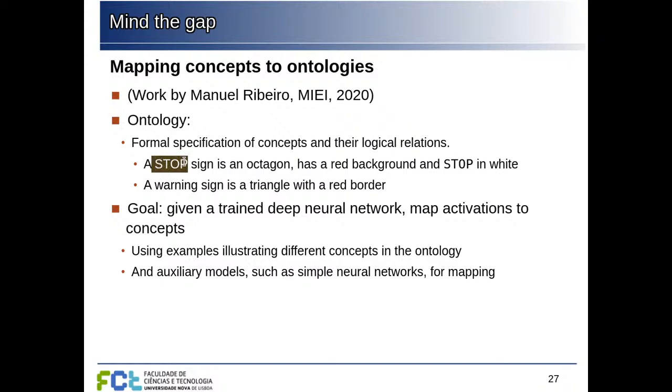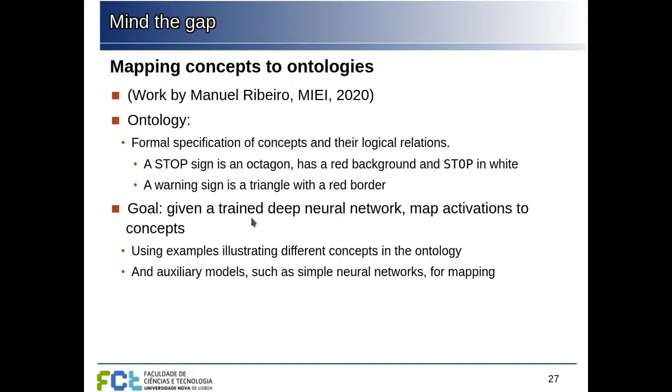So we can formalize in our ontology these relations between the different concepts and defining what a stop sign is. Or, for example, warning signs are triangles with a red border. So the category of warning signs, they all must have triangular shape and have a red border. This we can encode formally into an ontology, and there are algorithms that can reason over these ontologies and deduce some consequences of the facts that we present.